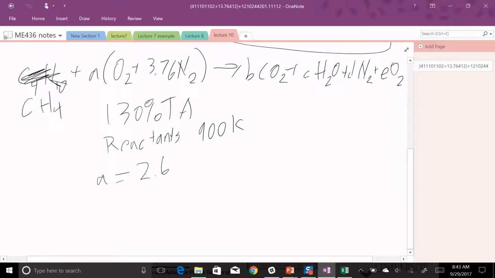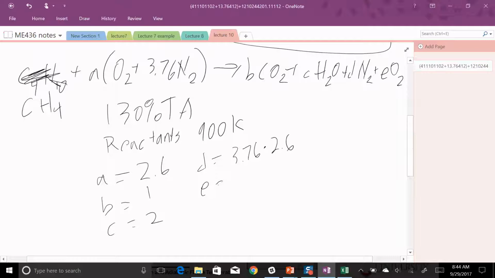How much CO2 are we going to get? We're going to get B equal to 1. How much water are we going to get? We're going to get C equal to 2. And then the nitrogen is going to be equal to 3.76 times 2.6.